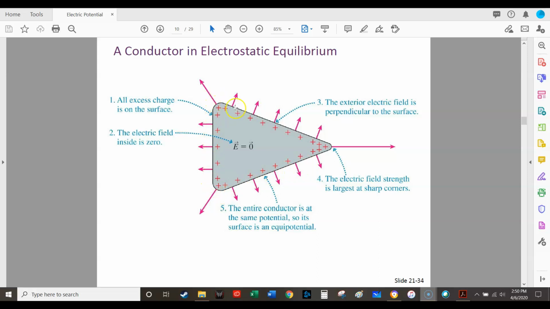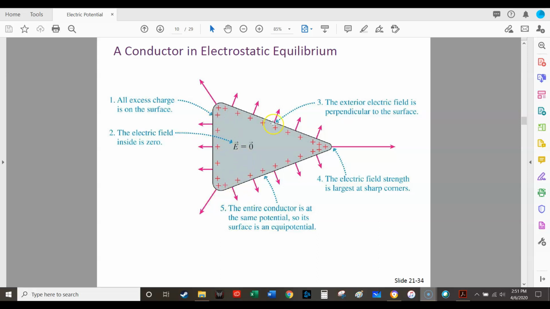So right here, this is the surface, and notice that the electric field line is perpendicular. Since it's a straight surface, the electric field is going to be evenly spaced. But when the surface starts to curve, the electric field will get bunched up, or it'll start to diverge, as in this case.